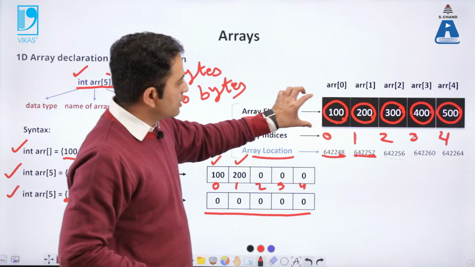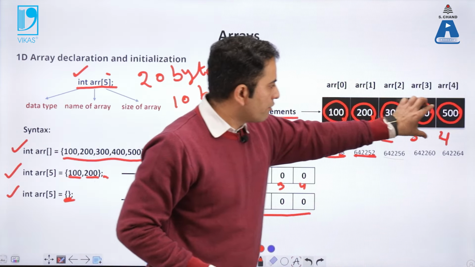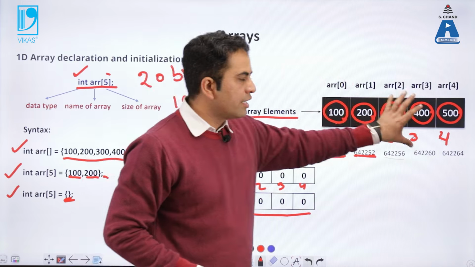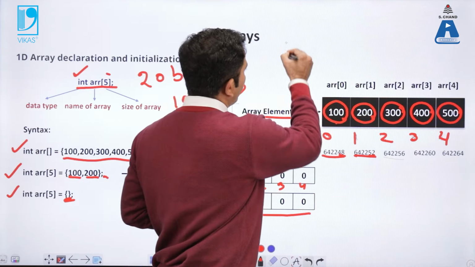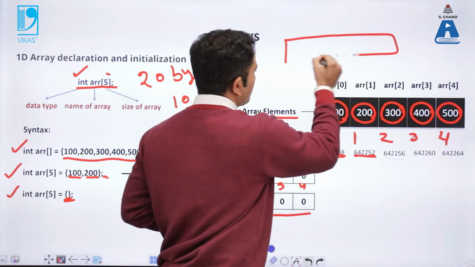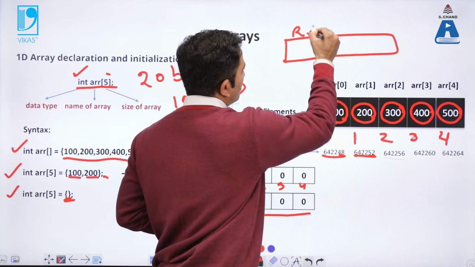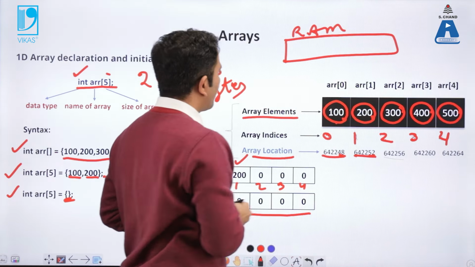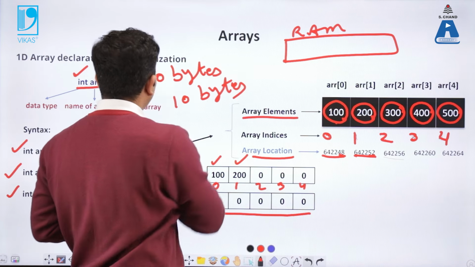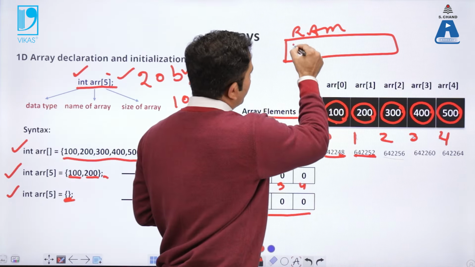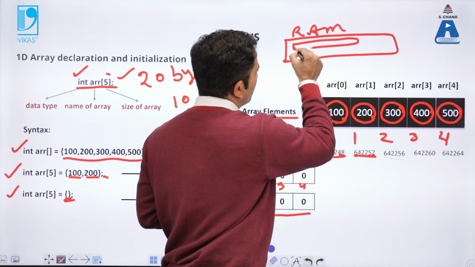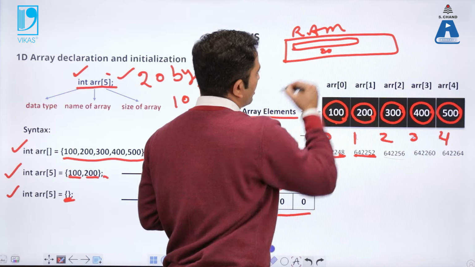This is just the visualization of an array in the RAM. This is my RAM, and when we initialize it, what happens? 20 continuous bytes are allocated here in the RAM.